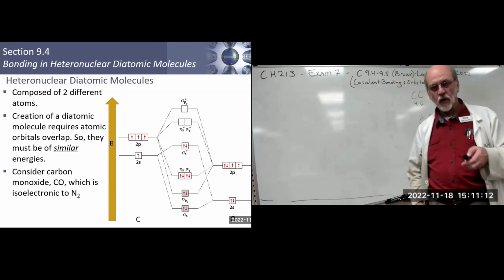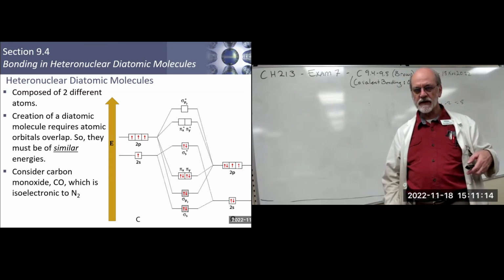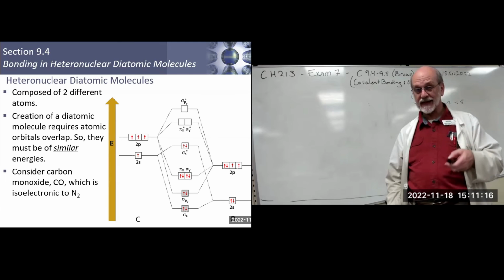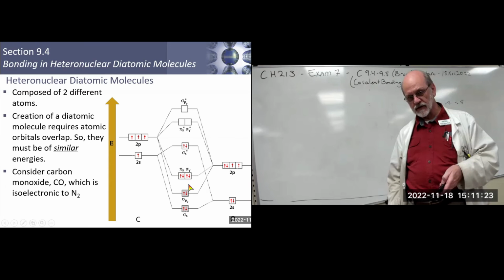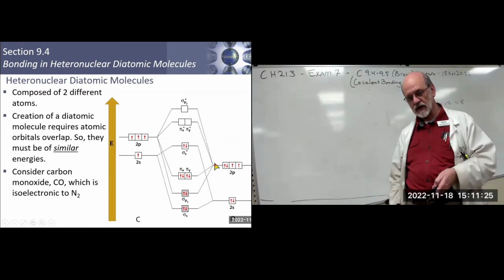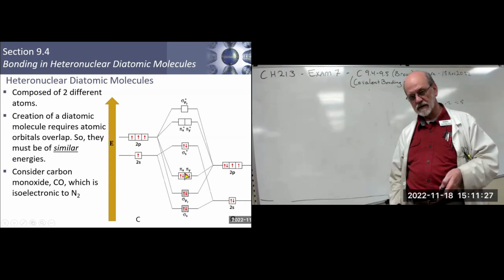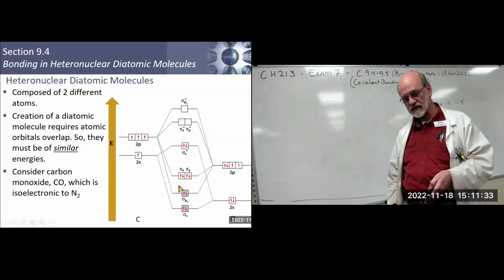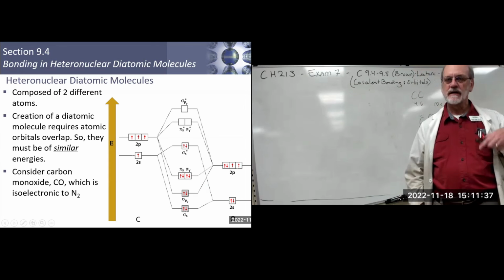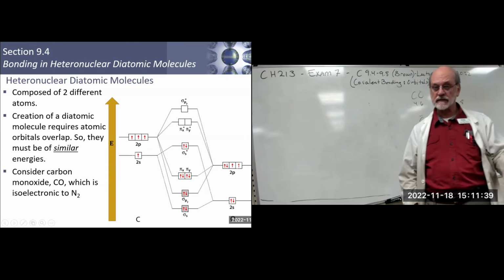Notice that the lower energy of the atomic orbitals from the beginning brings the overall energy of the diagram down. So these orbitals are closer to the oxygen and further away from the carbon. And that puts more electrons in this region closer to the oxygen, which implies polarity toward the oxygen.